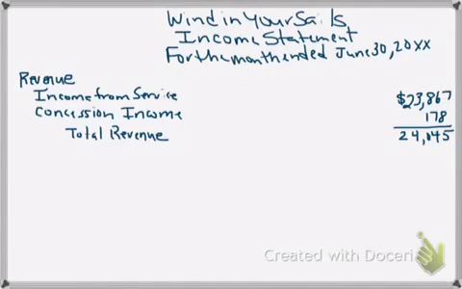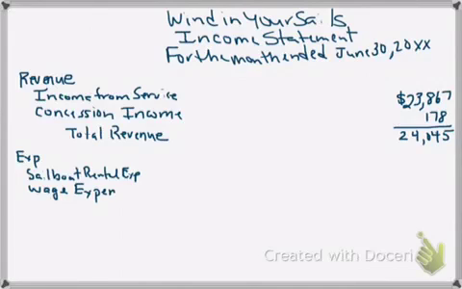Then I'm going to come down and list my expenses. Now the expenses that I have here are going to be sailboat rental, wage expense, and I can get these right off of that adjusted trial balance. So remember, you should have your adjusted trial balance out as we're working on this.